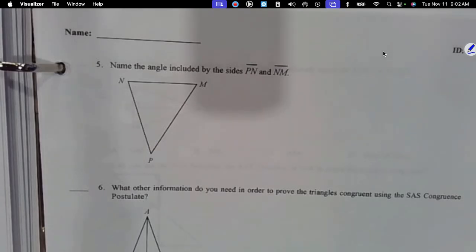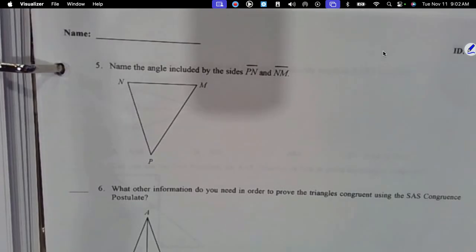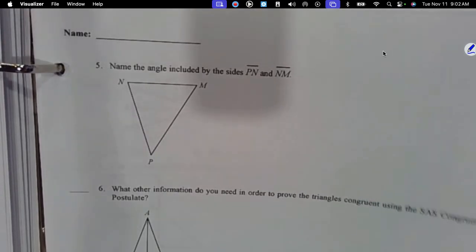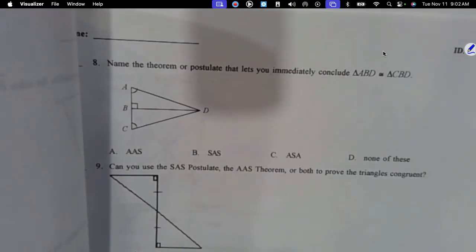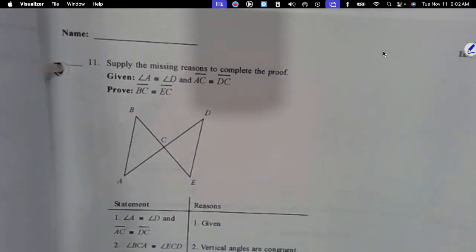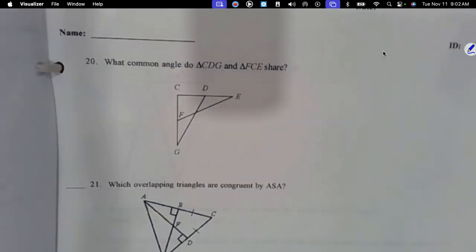Okay, my next one is, hold on, this takes me a minute. Do I have that one? Hold on. How many are on this? 25.